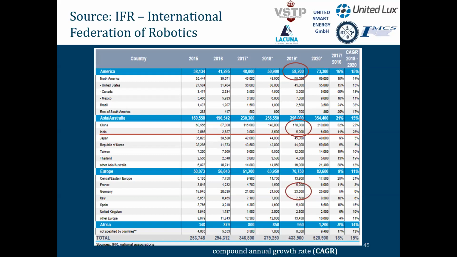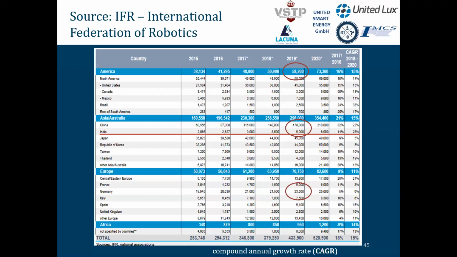Foxconn has its own robots, that is what they are called. Some two or three years ago, they even installed several thousand robots, but these had not been put to use because they had not sufficient engineers for programming them.